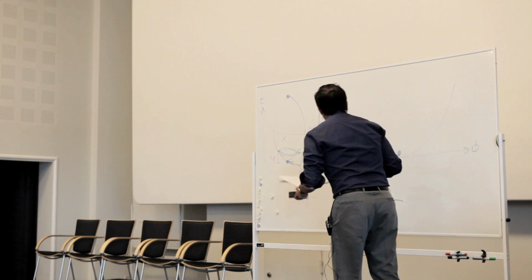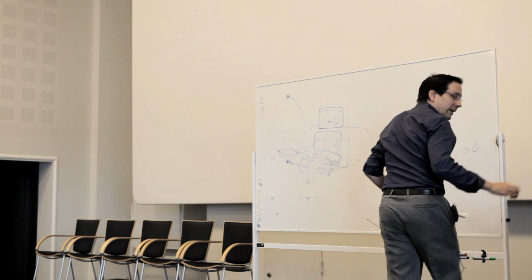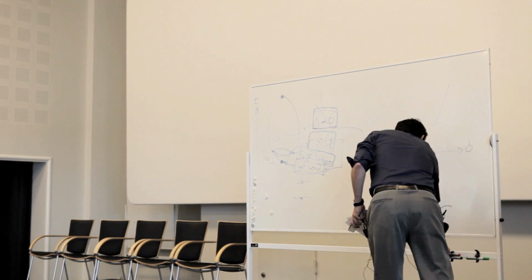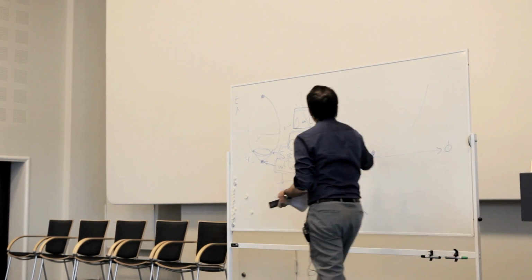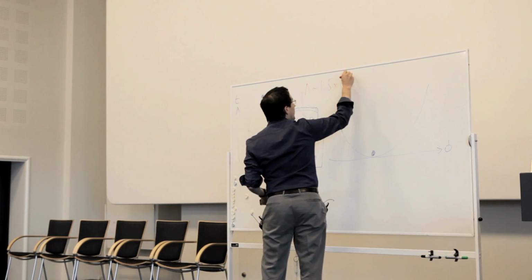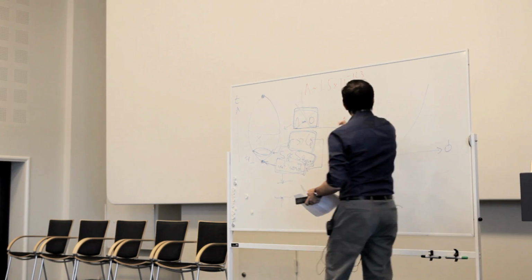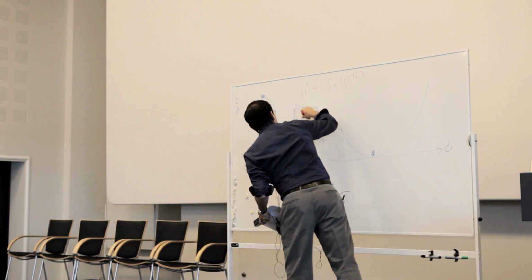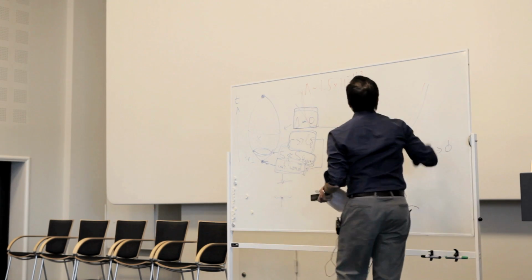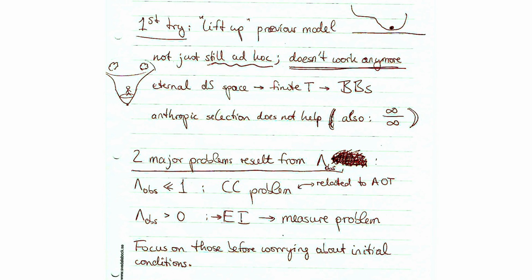And you can see immediately that it changes the game because you might think that all I need to do at this point to correct for the fact that lambda is actually 1.5 times 10 to the minus 123 in Planck units and not 0, is to move up this entire potential by this tiny amount, 1.5 times 10 to the minus 123, so that now the minimum of the potential is that amount above 0, and so that would be the cosmological constant that we see in the data.